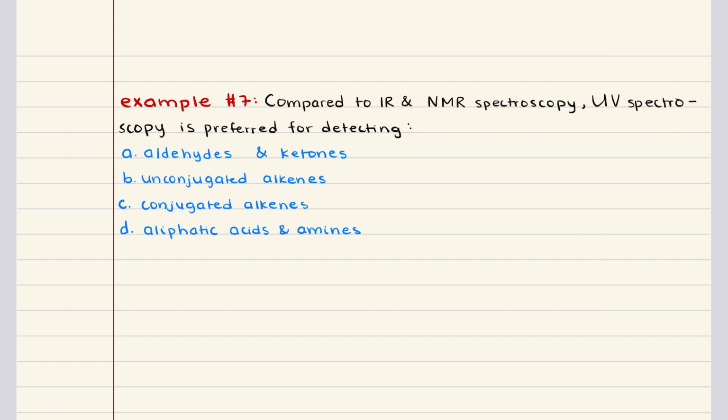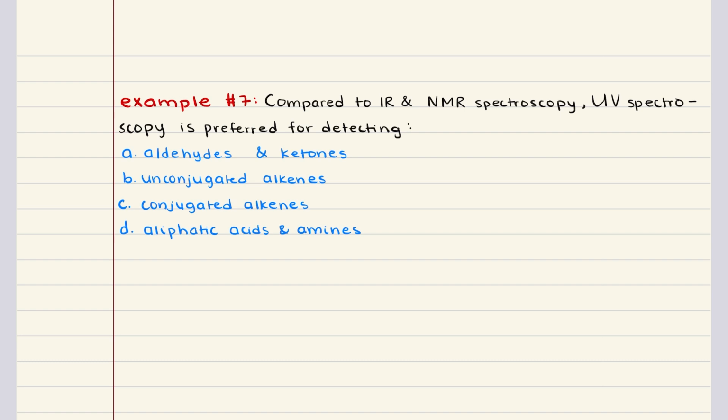Because this gap is small, the energy from UV light is just right to promote an electron from the HOMO to the LUMO. That's why UV spectroscopy is especially good at detecting conjugated alkenes. They have the electronic structure that responds to UV light.